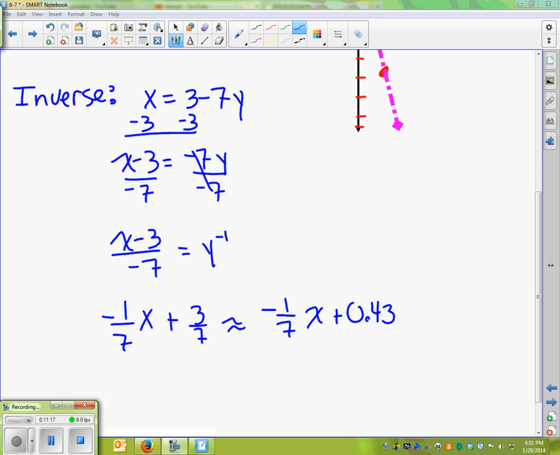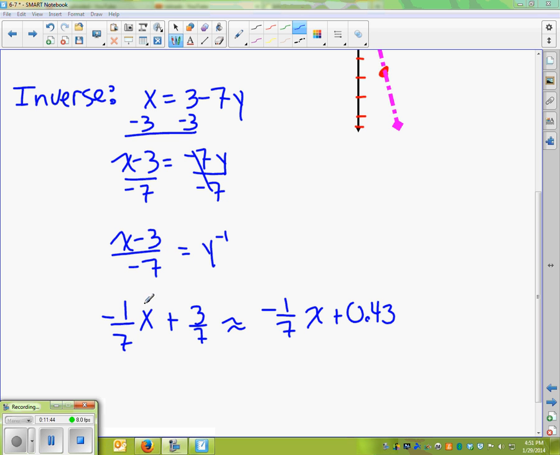This is my work finding the inverse. I reversed x and y. I subtracted the 3 over, giving me x minus 3 equals negative 7y. Dividing by negative 7, x minus 3 divided by negative 7 is my inverse. I then split it into two different fractions. So x over negative 7 is the same thing as negative 1/7 times x.